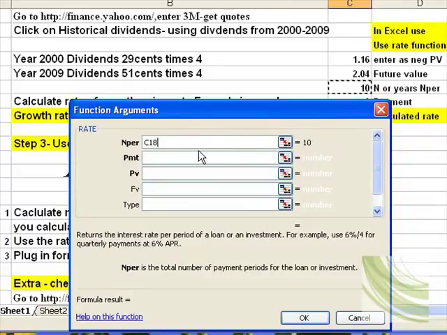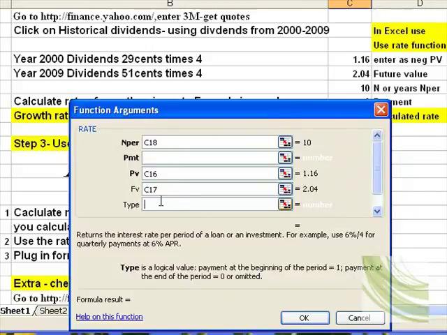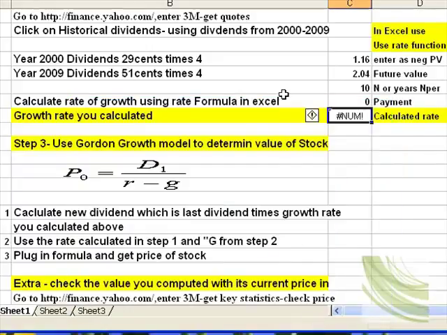Payment is 0, present value is your past dividends in year 2000, future value is your 2.04, and the type will be 0, and then you'll say OK. So that will give you the rate. Once you enter that information, that'll give you the rate of return. So I'm going to delete that right now.